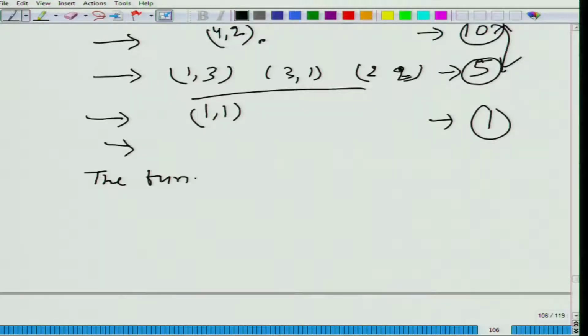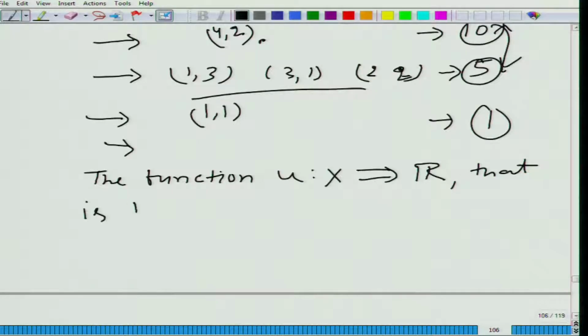I'm talking about a function u. A function u is from set X to R, and this set X is the consumption set, and R represents the real number set.